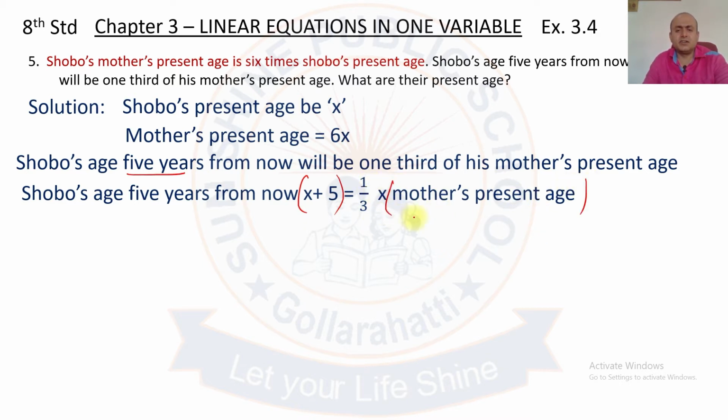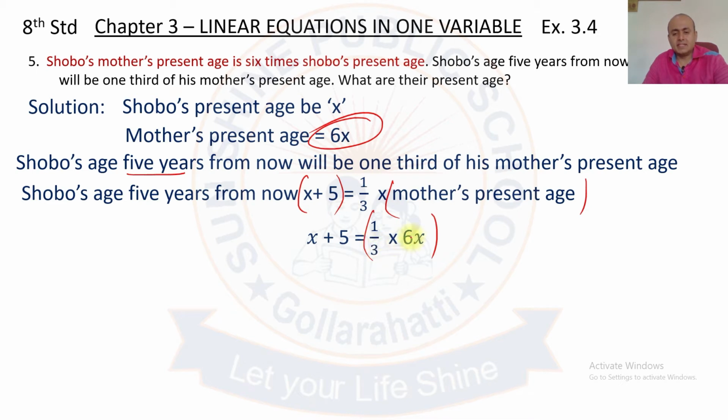Mother's present age is 6x, so x plus 5 is equal to one third into 6x. Therefore, this is your equation. If you solve the equation, you will get the ages of both Shobu and his mother.